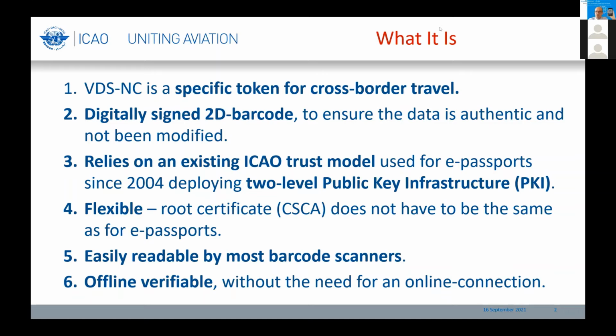We've even gone so far as to test the VDS at the level of a grocery store barcode scanner. It is easily readable around the world. It also includes JSON text, which is a technical specification for JavaScript Object Notation. It's lightweight data, which allows for human readability of the barcode data without the use of software.